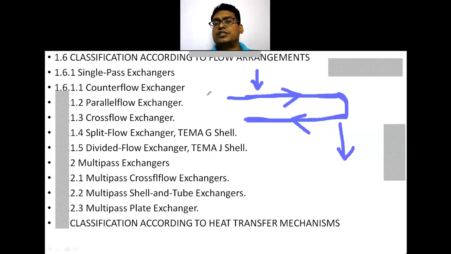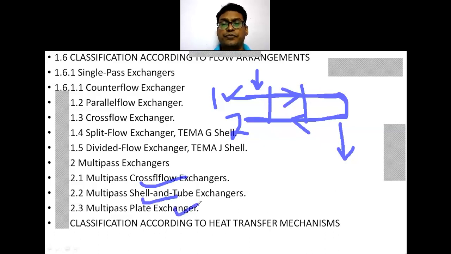So in this case, this is the first pass and this is the second pass. So two passes for the tube side are available. Similarly, you can also have more than one pass for the shell side also. That is the multi-pass cross flow exchangers, multi-pass shell and tube heat exchanger and multi-pass plate heat exchangers.